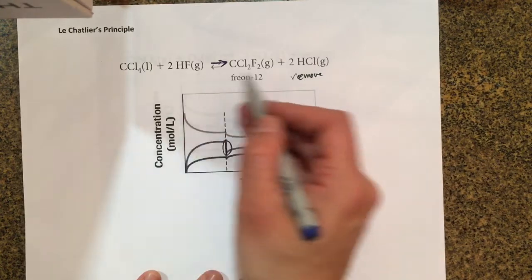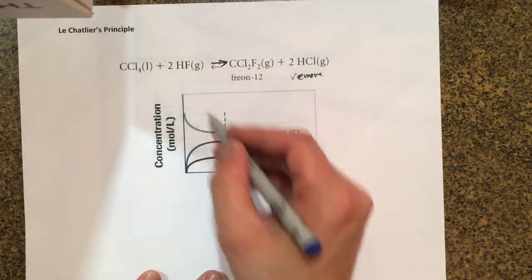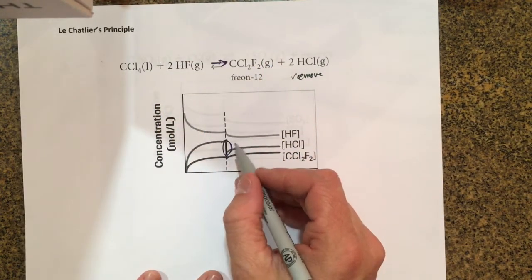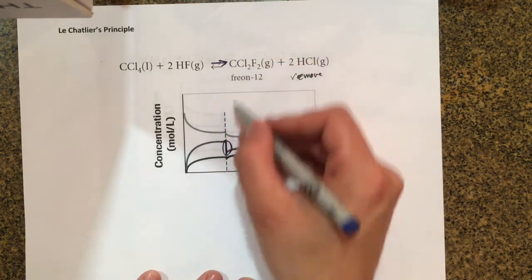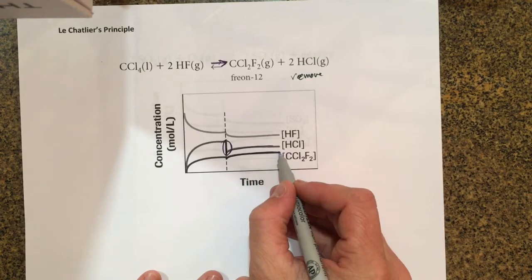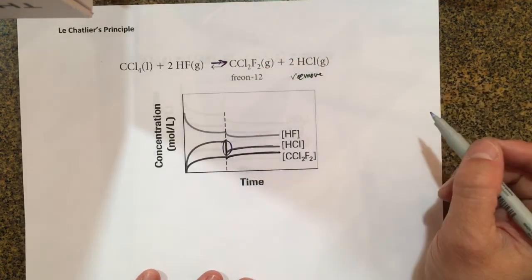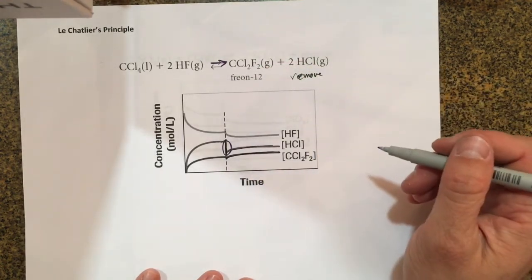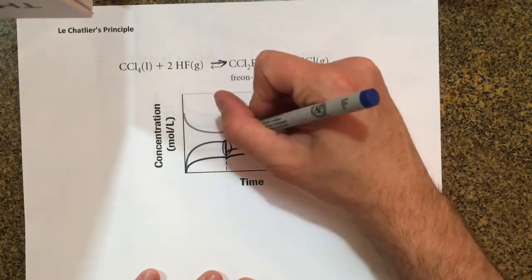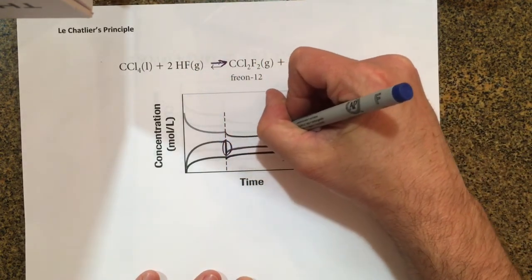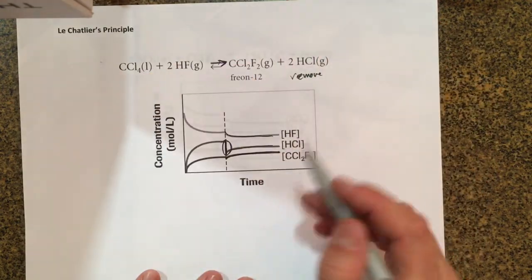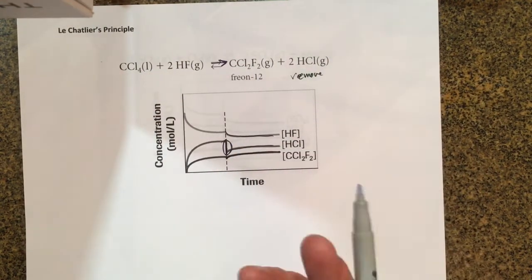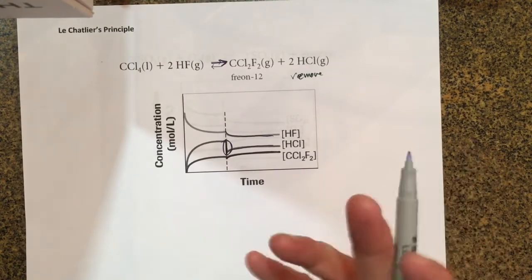There are fewer of these to actually do the reverse reaction, so it's going to drive the forward reaction to produce more of the products, and this chemical, since it was never removed, just keeps increasing. So it's a way to make more Freon 12, just removing the hydrogen chloride gas. But the hydrogen fluorides are going to get used up. Eventually, the forward and the backward reactions are going to cancel each other out again.